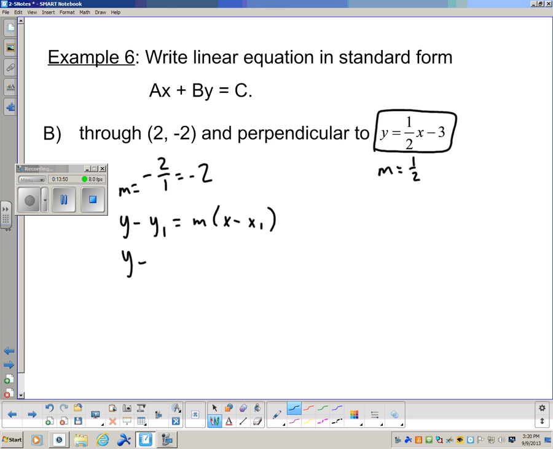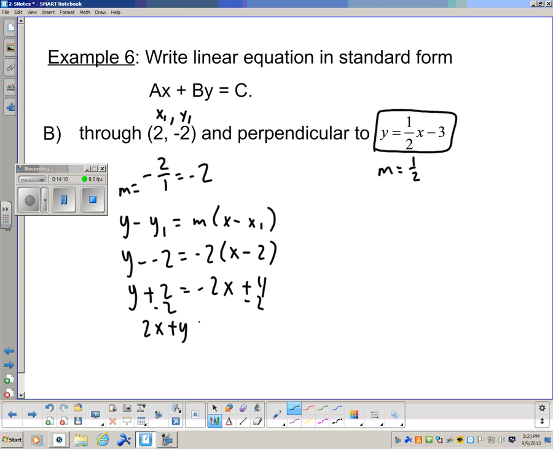Plug my values in there. This being my y1, and 2 there being x1. So now I can clean this up over here. Distribute the -2 through, and bring the 2x over here. Subtract the 2, and I end up getting, there it is in standard form.